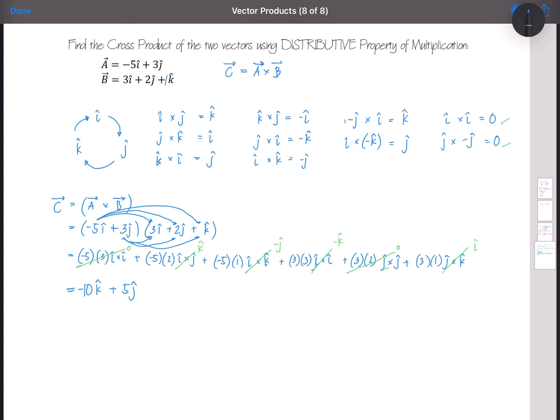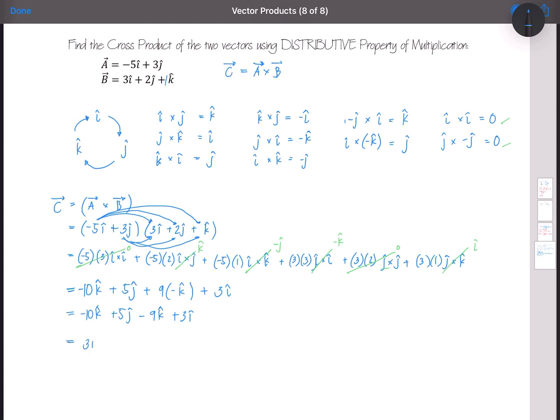And then next we have plus 3 times 3, 9 times negative k hat, then plus 3 i hat. Let me just rewrite that: negative 10 k hat plus 5 j hat minus 9 k hat plus 3 i hat. Simplify like terms and then arrange alphabetically.